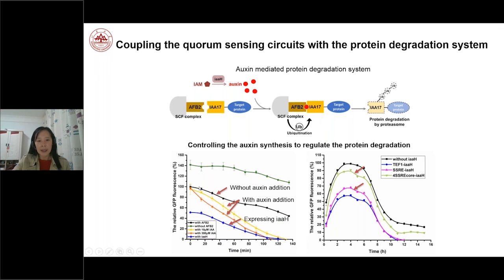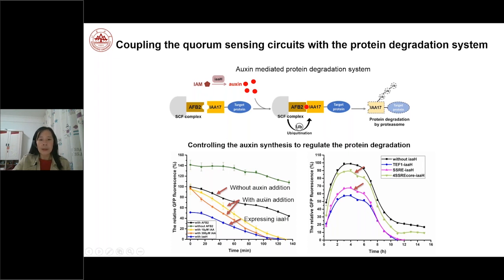As we can see here, with auxin addition, the protein can be degraded within 100 minutes. Actually, we also found that even without auxin addition, we can still see protein degradation to some degree. When we looked into that, we found that yeast cells can produce auxin and its precursor IAM.